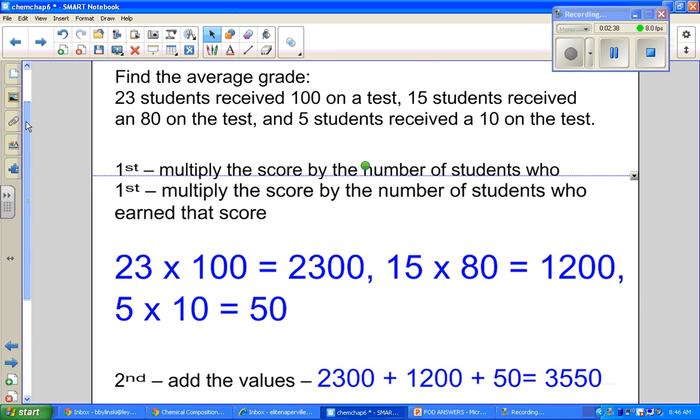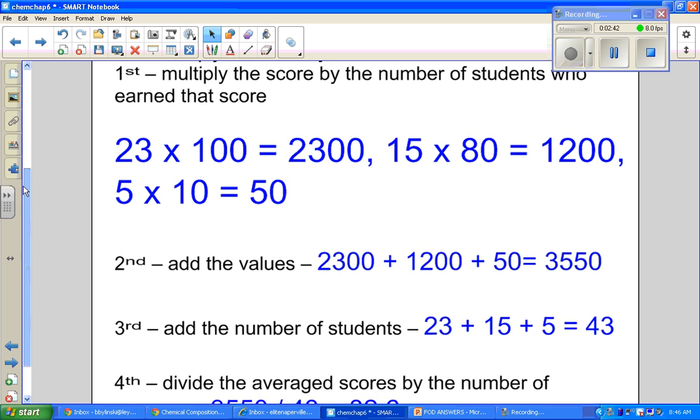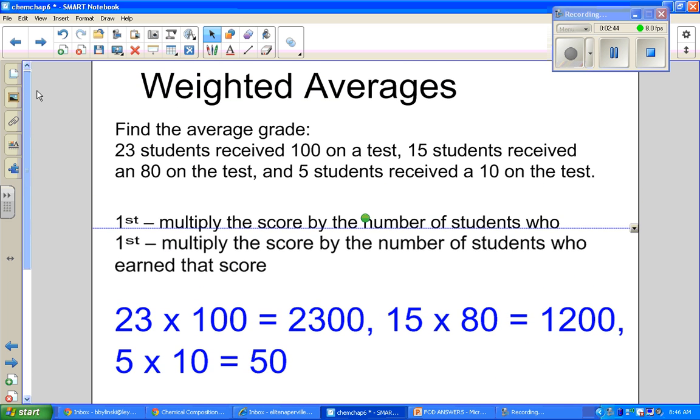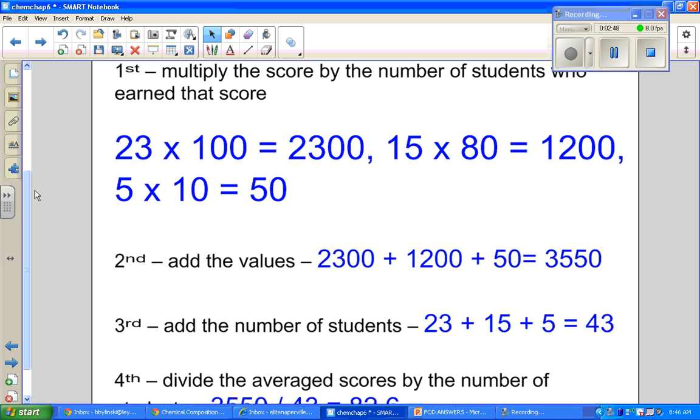Okay, so we have what's called a weighted average, and weighted averages will actually take into account more than just the number of scores. So what could happen is I have 4 classes a day, so I could look at how many of my students got 100, how many got an 80, or how many got a 10% on the test. So I'm taking the number of students by that test score.